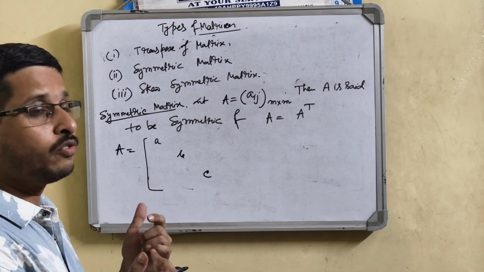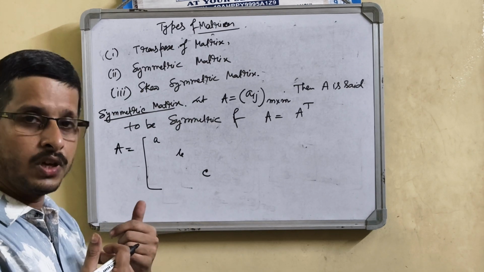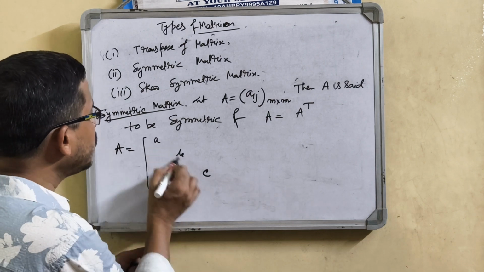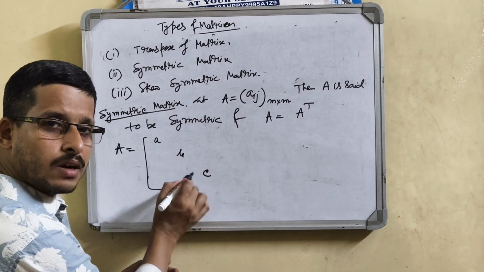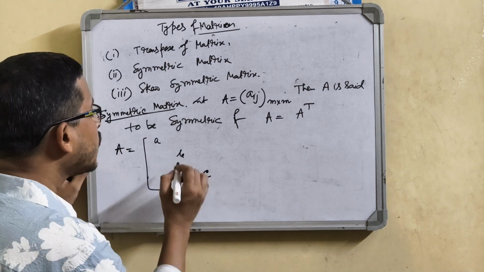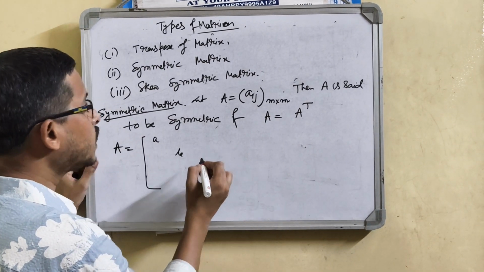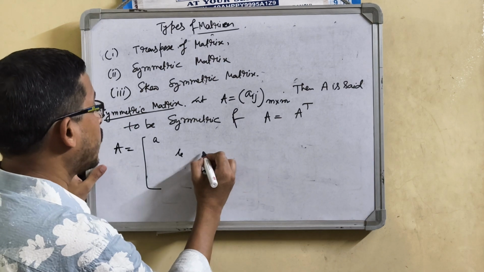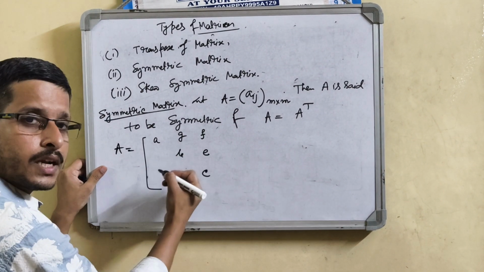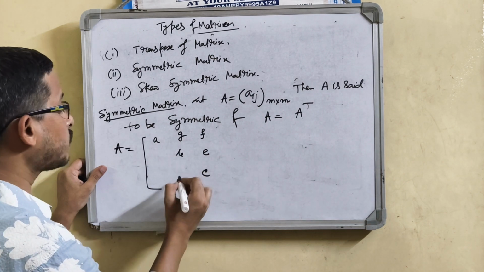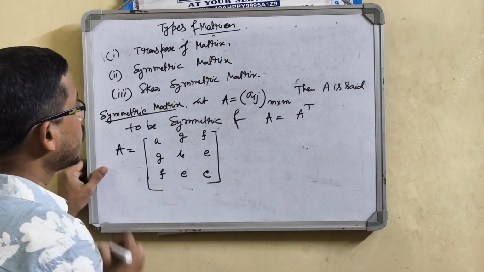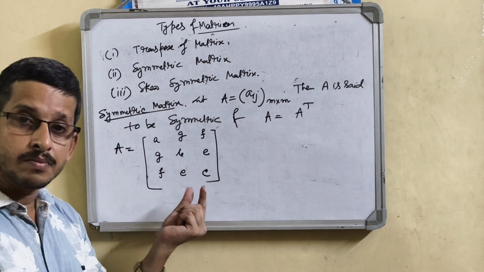So we write the diagonal members first, A, B, C, then whatever we write in the upper portion of the diagonal, E, F, G, we write the same members in the lower portion of the diagonal, E, F, G. This matrix is a symmetric matrix.